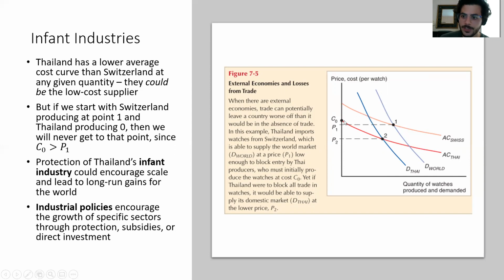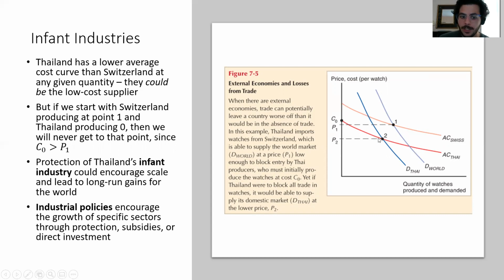And since C0 is greater than P1, it's very difficult for Thailand to overcome that initial disadvantage. And so it's unlikely that even though Thailand could be the low-cost supplier of watches to the world, that they ever will be without any further intervention.